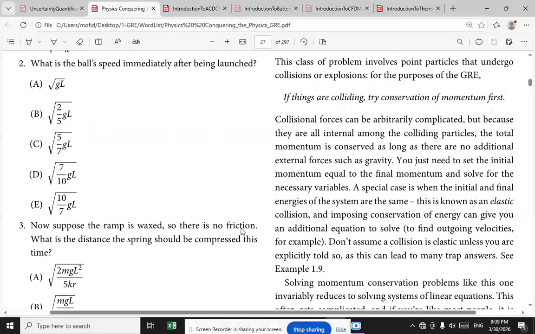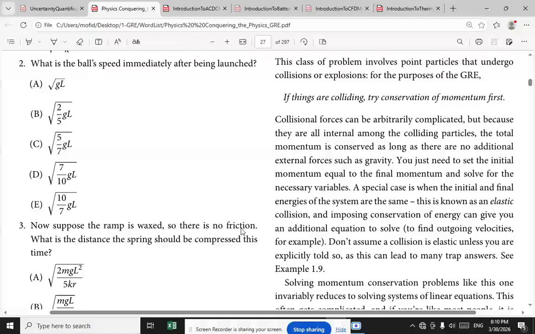Collisional forces can be arbitrarily complicated, but because they are all internal among the colliding particles, the total momentum is conserved. As long as there are no additional external forces such as gravity, you just need to set the initial momentum equal to the final momentum and solve for the necessary variables. A special case is when the initial and final energies of the system are the same.